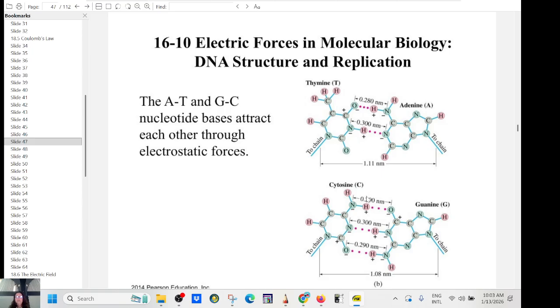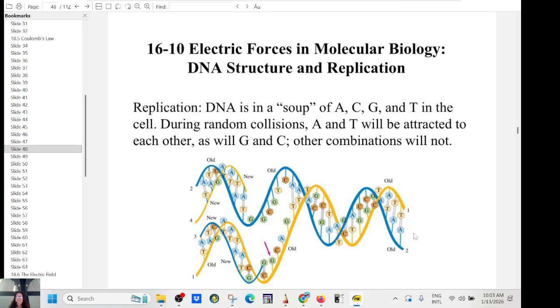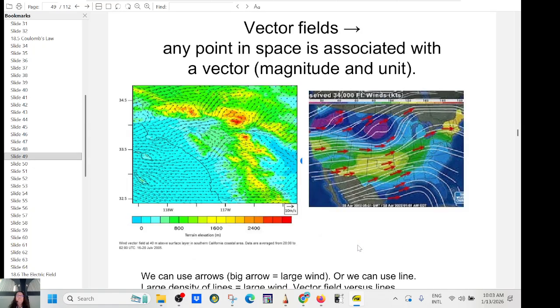Nitrogen and oxygen, they love electrons. So that's an application, that's how it works. Everything, DNA, RNA, all those things have to do with electric forces, an electric field. Lots of applications. I told you about Ernest Hemingway, didn't I? I think I did, right? So lots of applications.